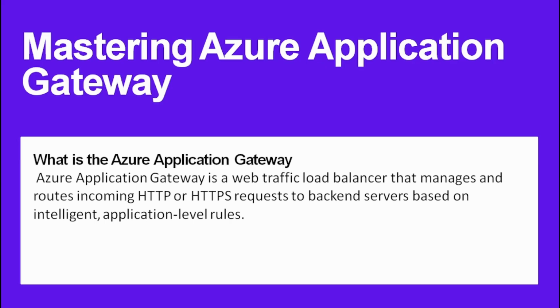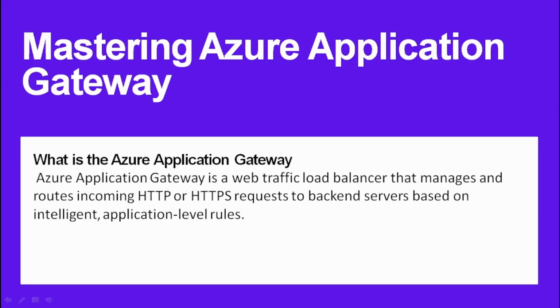So let's get started. First, we will understand what Azure Application Gateway is. Azure Application Gateway is a web traffic load balancer that manages and routes incoming HTTP and HTTPS requests to the backend server. In simple terms, and in a technical way, we can say that Azure Application Gateway is a layer 7 load balancer, because you might be aware that we have the Azure load balancer, and that works on layer 4.